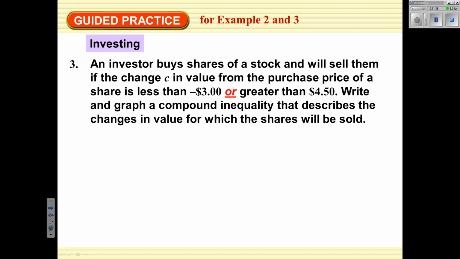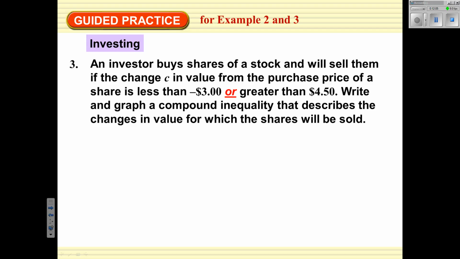All right, an investor buys shares of a stock and will sell them if the change in value from the purchase price of a share. Oh, let's start over because that already sounds confusing. An investor buys shares of a stock. So he's bought these shares of a stock. He'll sell them if the change from the purchase price is less than -$3 or greater than $4.50.